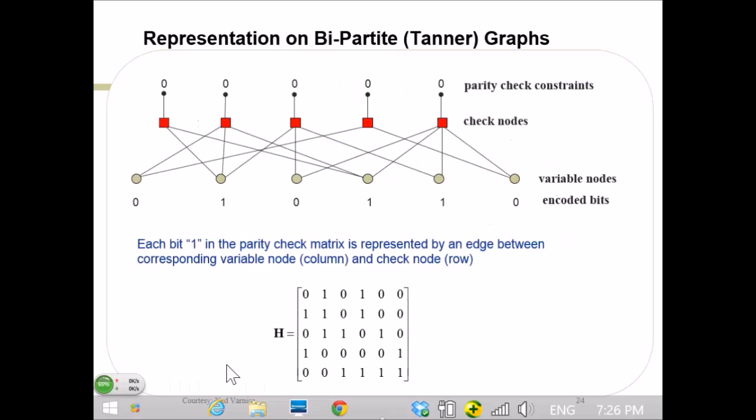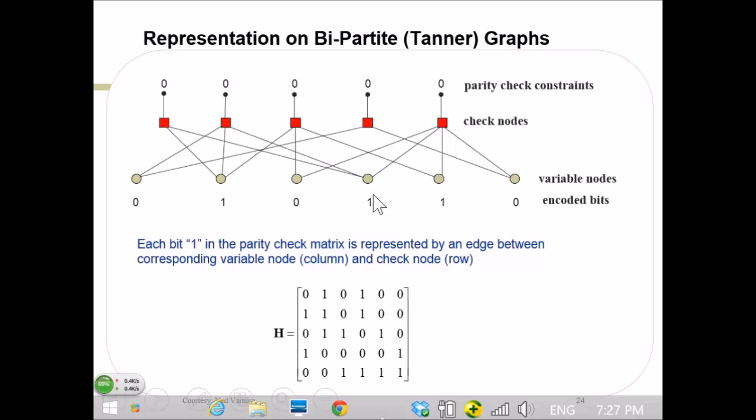So let me show one example here. Say this is one parity check matrix, like the same example as before. Essentially each entry represents a connection between a variable node and a check node. You have these check nodes, the red squares, and then you have these circles, which represent the variable bits.